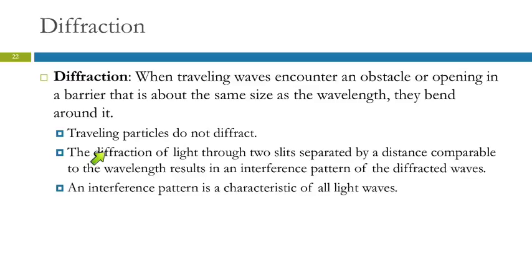Traveling particles do not diffract, but traveling waves do. If you have two openings that are close together and you have waves diffracting through both of them, the diffracted waves can interfere with each other constructively and destructively and cause a pattern called an interference pattern. This is a characteristic of all light waves. So all forms of electromagnetic radiation can do this.